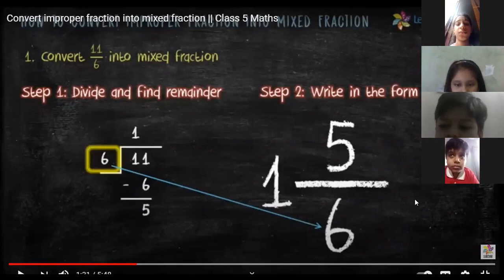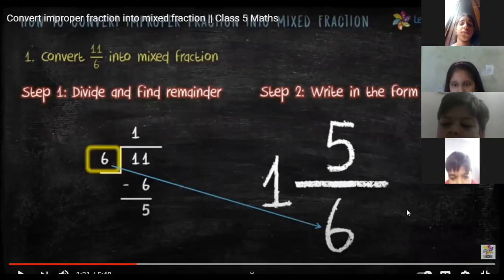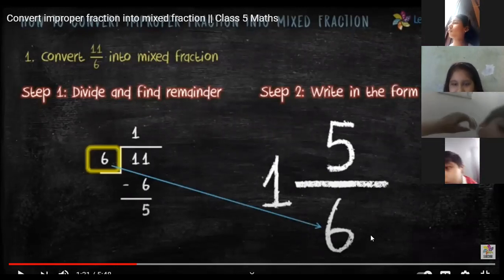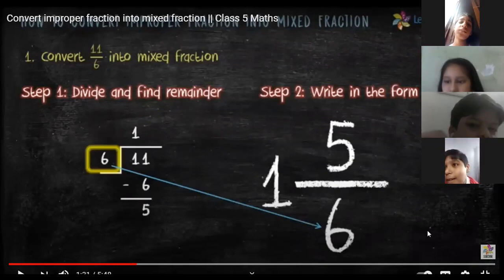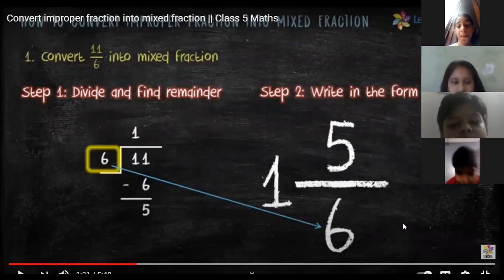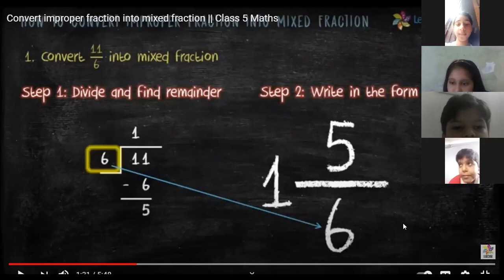Yes, ma'am, it's 6. That is also 6. It means the denominator of the improper fraction and the denominator of the mixed fraction are exactly the same. So you can learn it like this also: both the denominators must be the same. Clear? Yes, ma'am. Okay, beta.